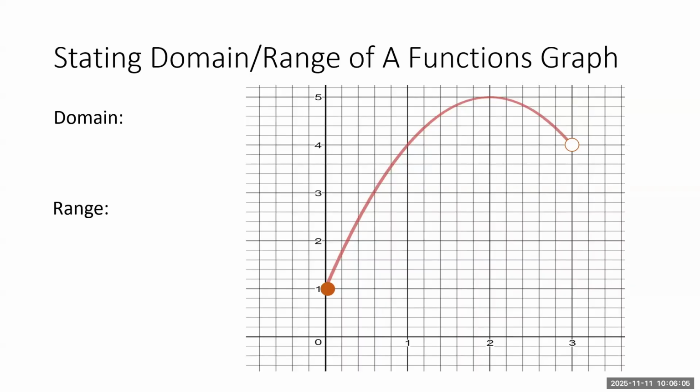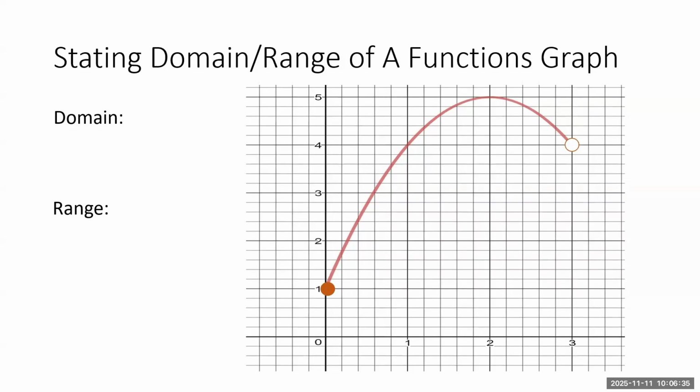It's a parabola opening down, and at the coordinates 0, 1 we have a closed circle where it begins. At the coordinate point 3, 4 there's an open circle at the end of it. The vertex of this parabola is at the coordinate pair 2, 5.